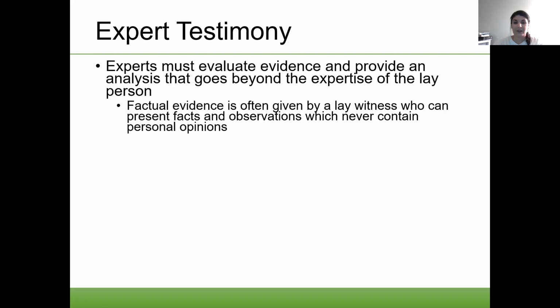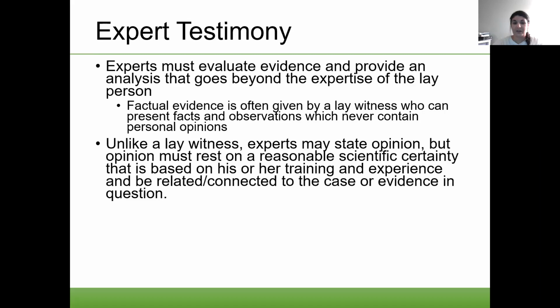The experts look at these facts and observations, analyze them, and come to a conclusion of the most probable reason that they got that analysis. They can state opinion, but opinion must rest on a reasonable scientific certainty based on their training and experience, and must be related to the case or evidence in question.